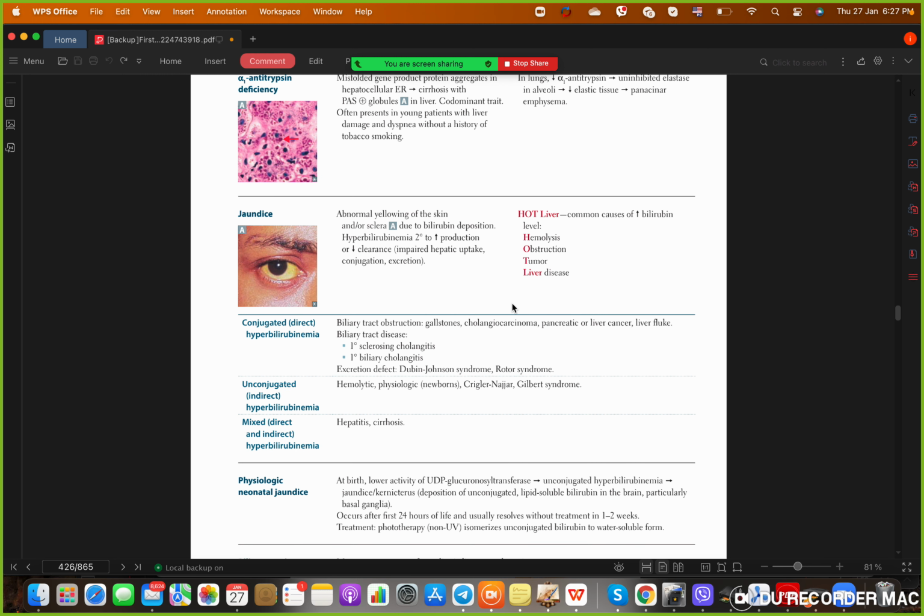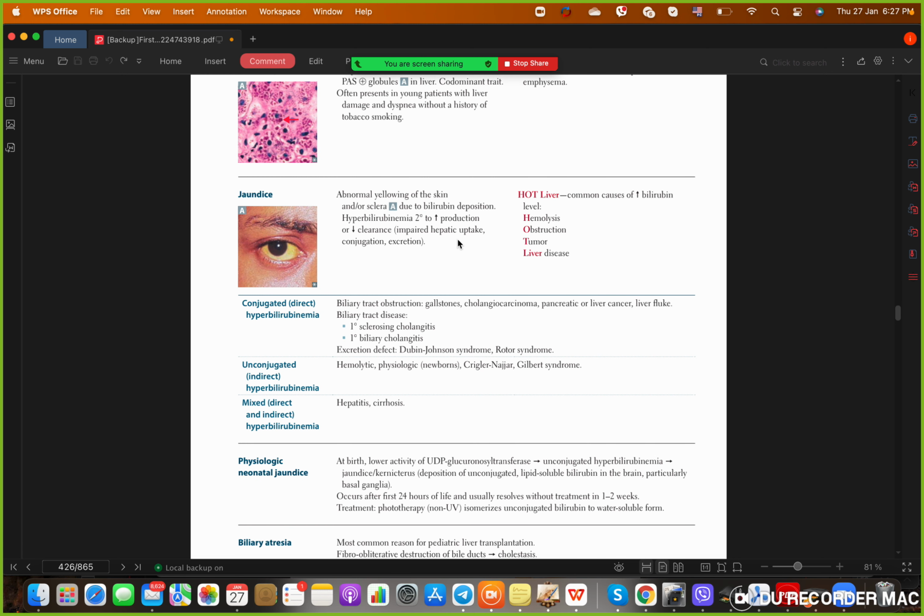Jaundice. Abnormal yellowing of the skin and sclera due to bilirubin deposition. So we can have hyperbilirubinemia due to increased production or decreased clearance of the bilirubin. So the patient can have an impaired hepatic uptake, or a problem in the conjugation process, which occurs inside of the liver. Well, that will be interesting. You remember there are 3 zones of the liver.